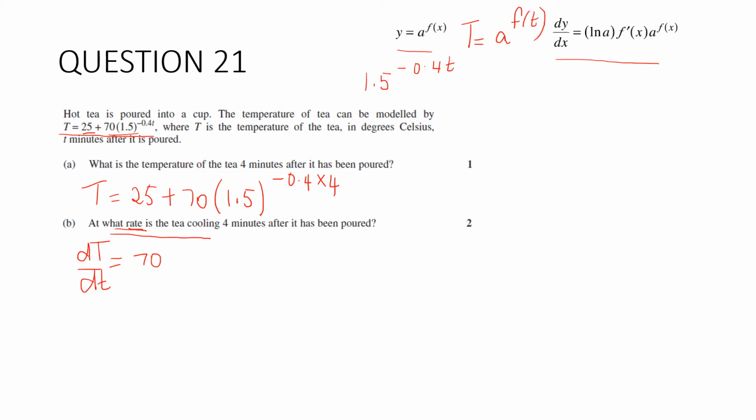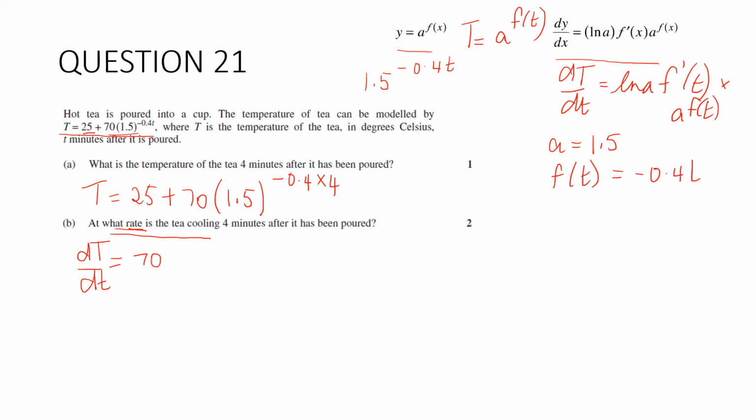And so our derivative dy/dt is going to be ln a times f dashed of t and then multiplied by a to the f of t. And we can tell that a is going to be equal to 1.5 and f of t is going to be equal to negative 0.4t, and we're going to want the derivative of that. So let's do that.